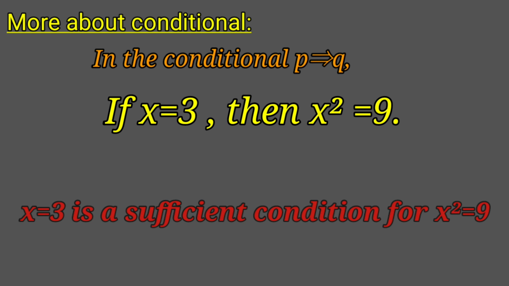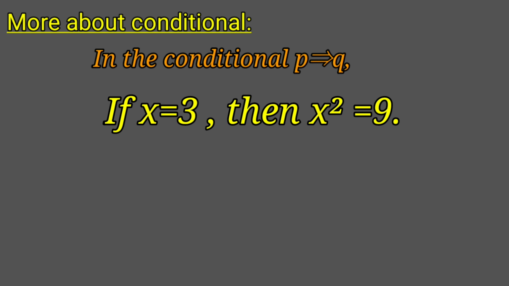Now let us see the necessary condition. If x is equal to 3, then it is necessarily from the condition that x square is equal to 9, because it is not possible for us to get it from any other condition like x is equal to 1 or x is equal to 10.